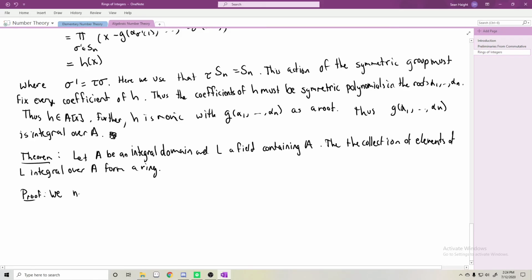We need this set, I'm going to call it O sub L, this will be like standard notation, O sub L to be closed under addition and multiplication.